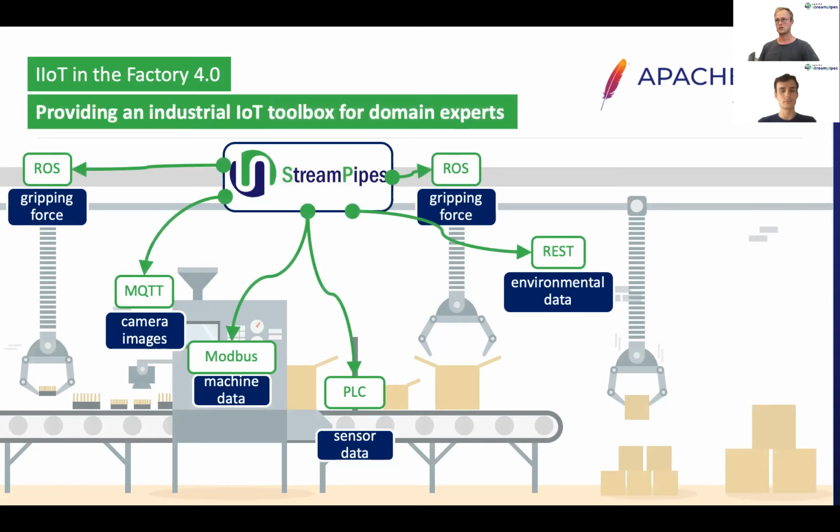So what StreamPipes does is provide a convenient interface or convenient adapters to connect to the different data sources. And afterwards, we can use these combined data sources to then do analytics on them.